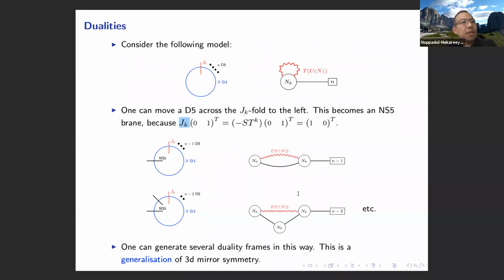Okay, so now this is an interesting duality, as you can see. Why is it interesting? You can start from one frame. In this frame, you have a single U(N) gauge group with Chern-Simons level K because of this K. You put the ND5 brane, which gives rise to N flavors, and this has T(UN).